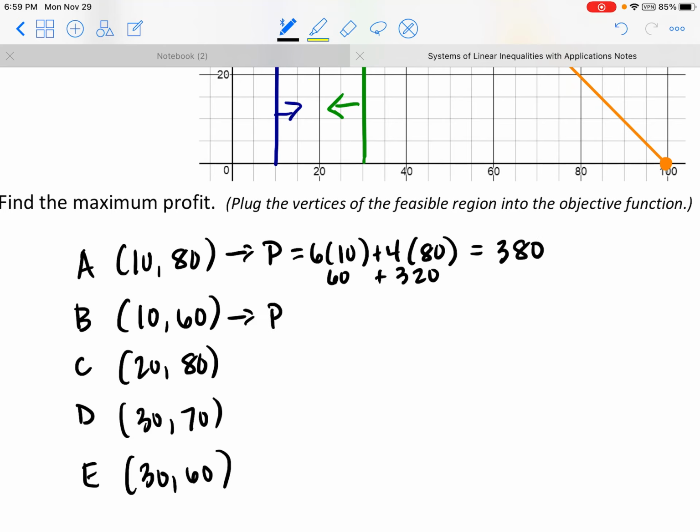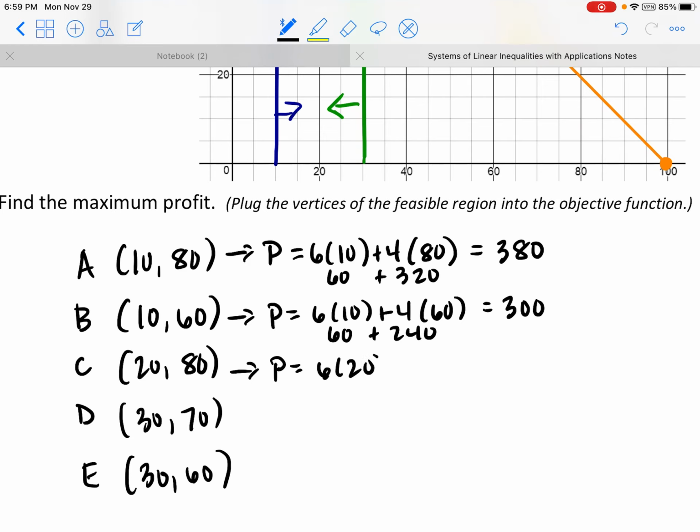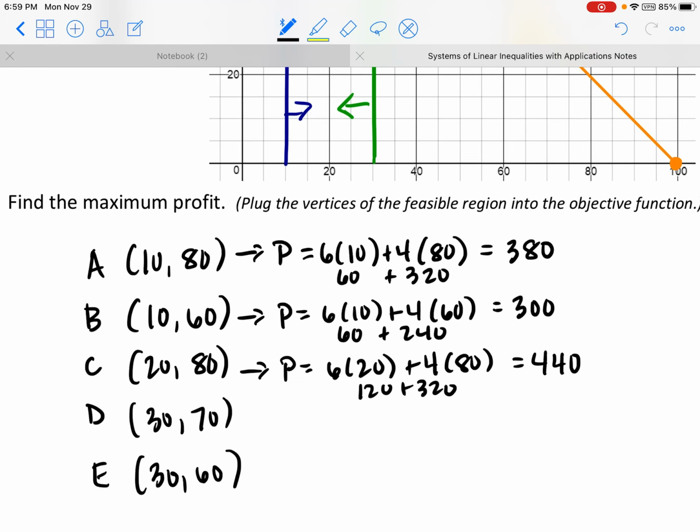And then here, 6 times 10 and 4 times 60, clearly going to be less. So that was going to be 60 and 240, which will make 300 the profit. And then here, 6 times 20, 4 times 80 is going to be 120 and 320, so 440 for our profit. That's the best so far.